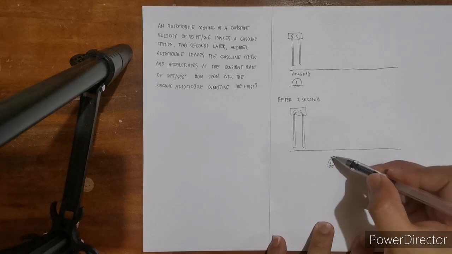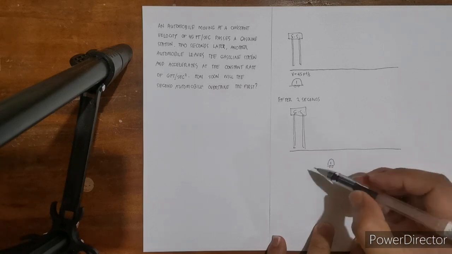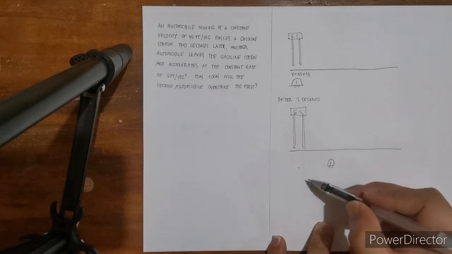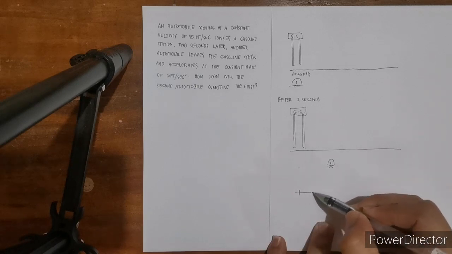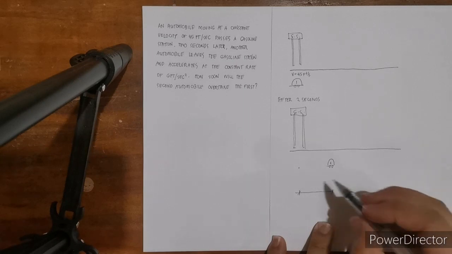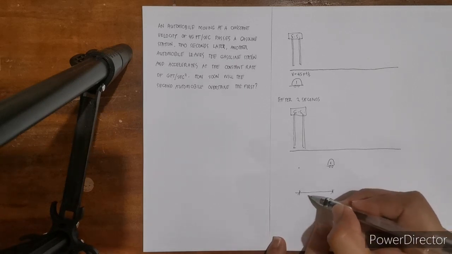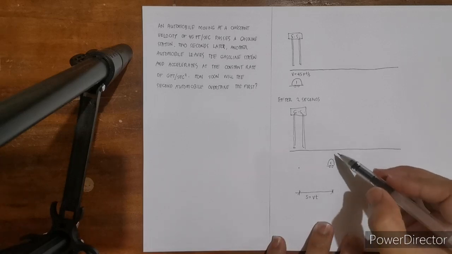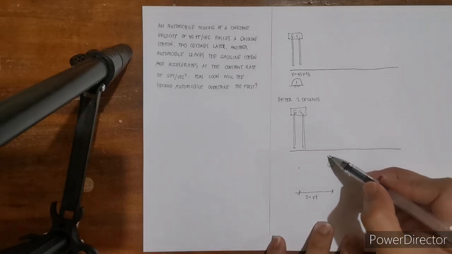Since car 1 is moving at a constant velocity, from this point, may na-travel na siyang distance. What is that distance? That is S equivalent to Vt, since it is moving at a constant velocity.